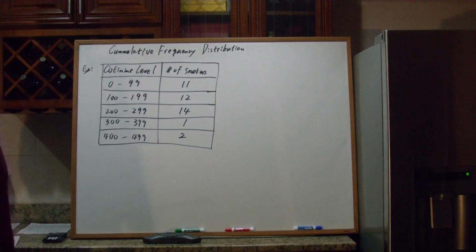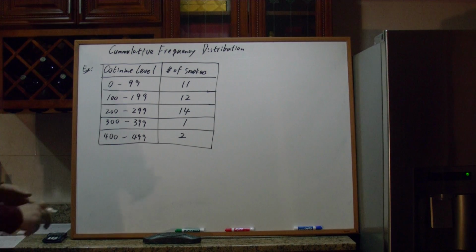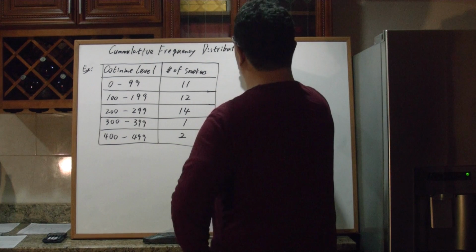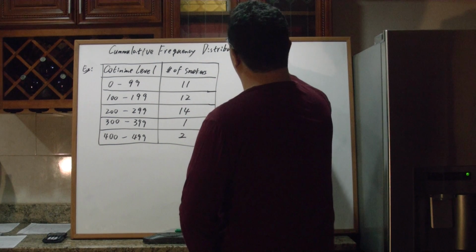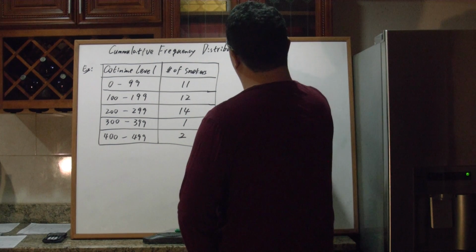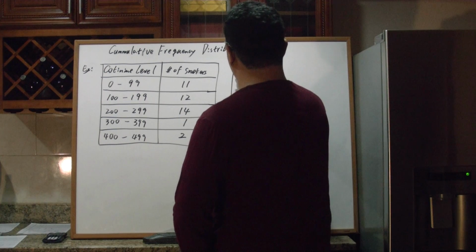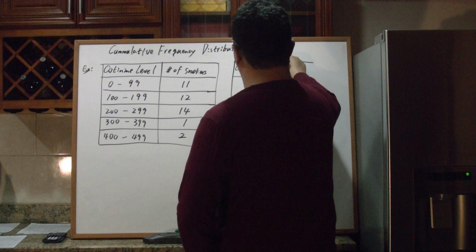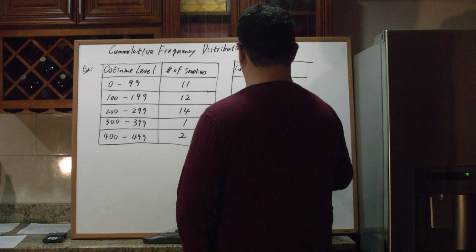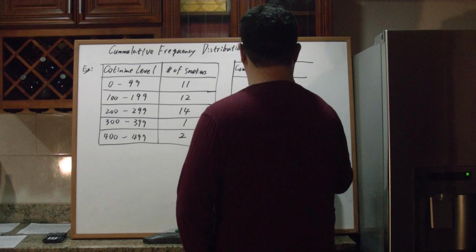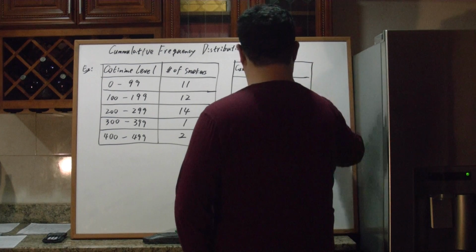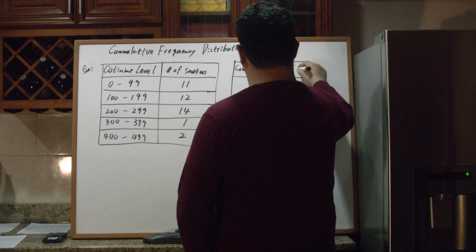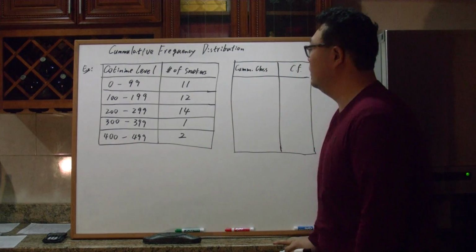To construct the cumulative frequency distribution, right, we know that we need the cumulative classes. Sometimes when we graph them, we do not need the cumulative class column. When we do the graph of the object, we may just need the class boundaries.